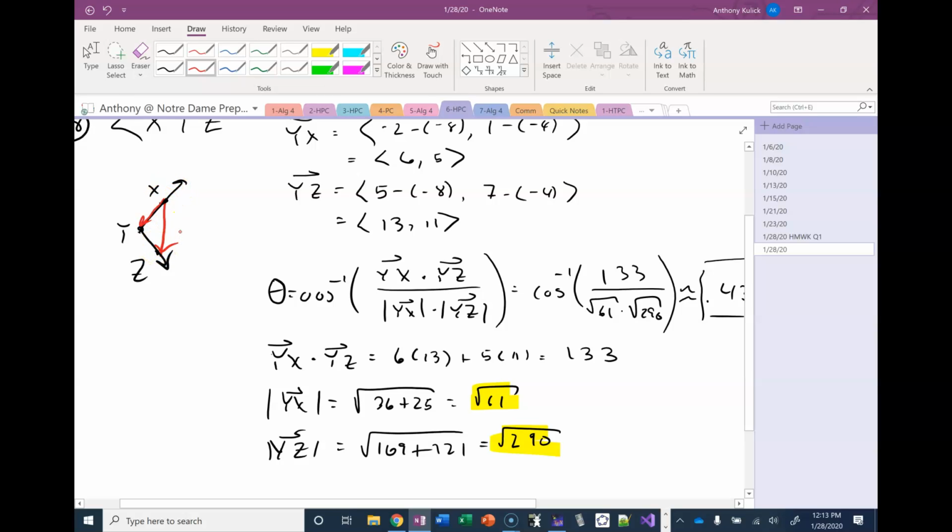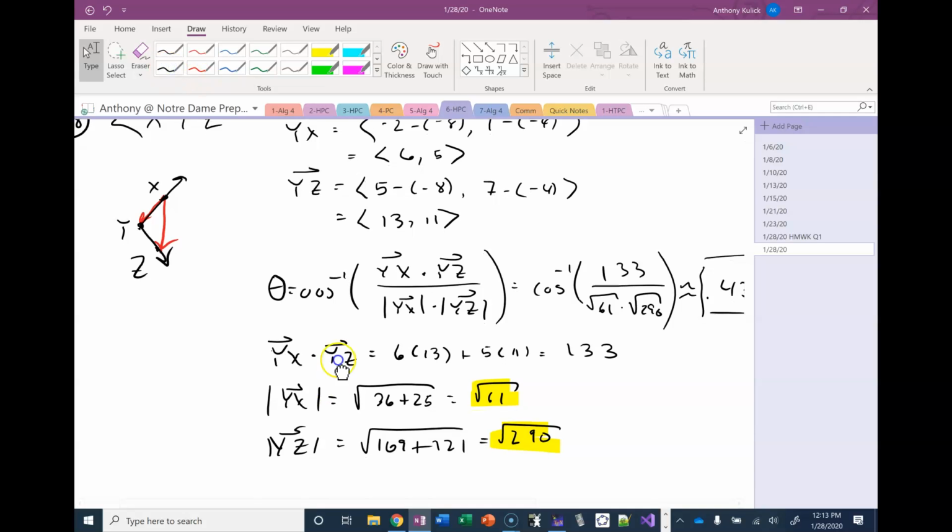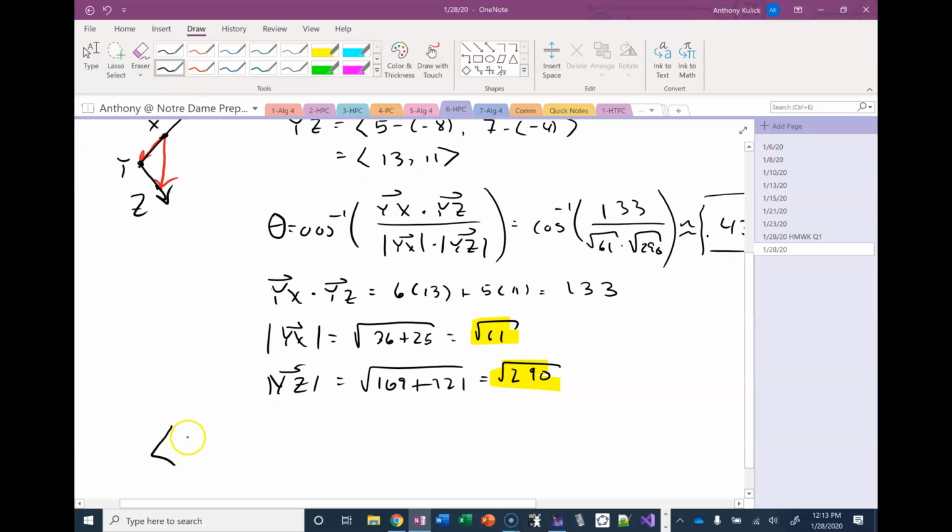Let's say we find angle x. So if I do the same thing now for angle yxz, I'm going to need the vectors xy, and then xz. And I would do the same thing from there. So just repeating that same process.